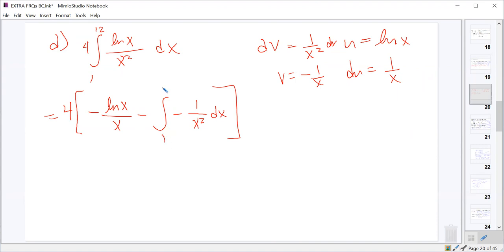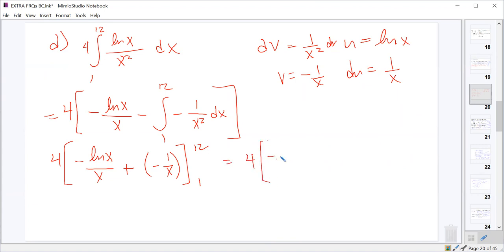And that's still from 1 to 12. We've now got 4 times negative ln x over x plus, if we pull that negative out, and what's the integral of 1 over x squared? That should just be negative 1 over x from 1 to 12. So we should have 4 times negative ln 12 over 12 minus, and then, what do we get there? If we plug in 1, this whole first term is 0. And then if we plug in 1 there, we get 0 minus 1.